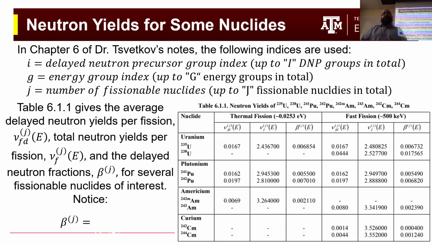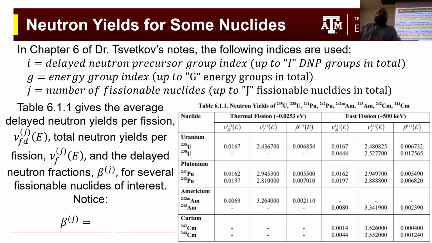I guess you could also say that it depends on where your fuel is in its life cycle, because when we start with fresh fuel, it's all uranium, but as the fuel fissions, uranium-238 will absorb neutrons and can eventually become plutonium. And so your fuel composition will change over time. So that's part of it: where are you in the life cycle of your fuel?